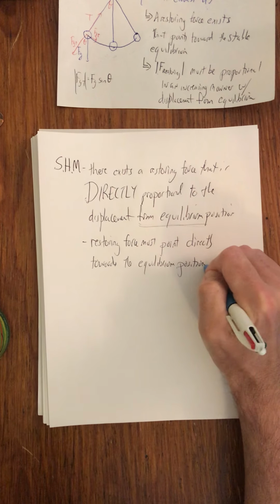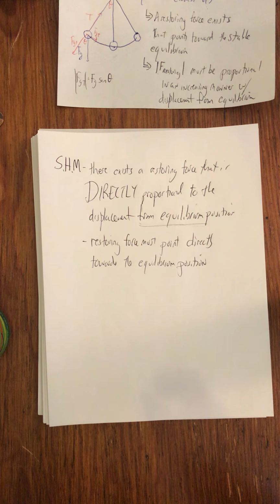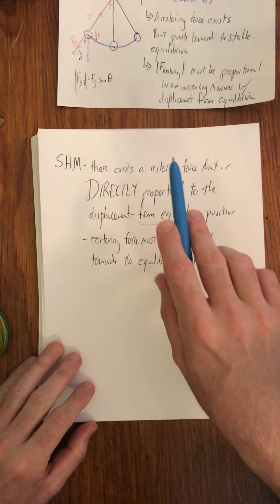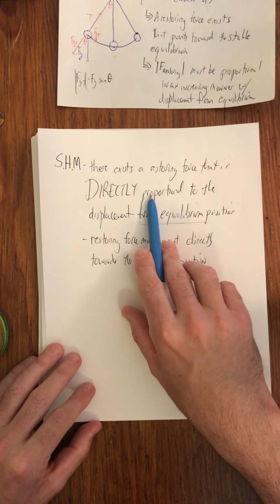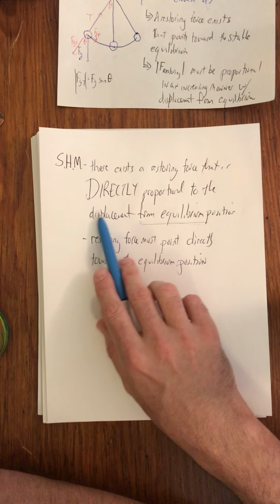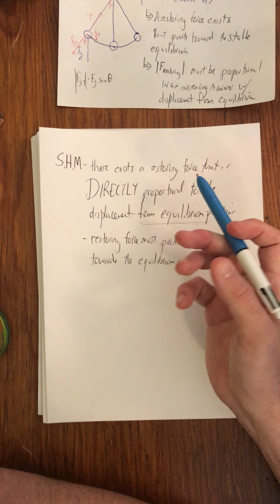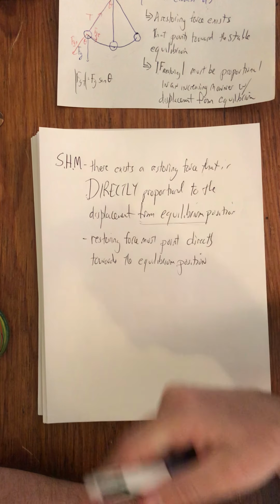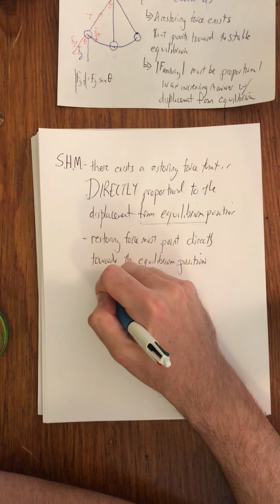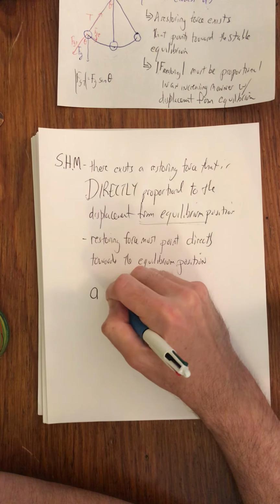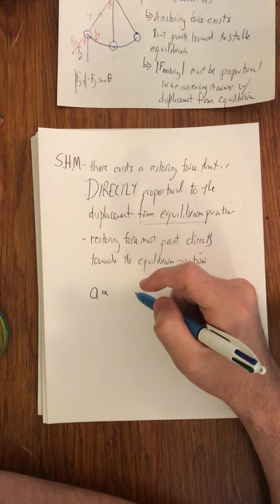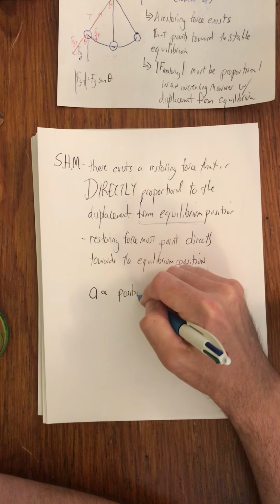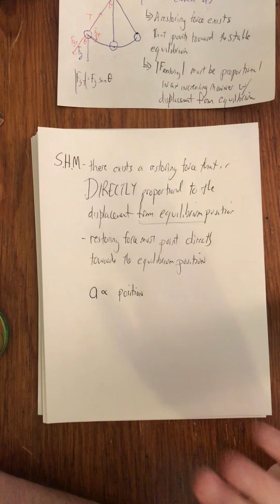So that has a couple of implications. If the restoring force has to be directly proportional to the displacement from equilibrium, that means the acceleration must be directly proportional to that displacement as well, since the acceleration is just going to be the restoring force divided by the mass, and the mass is just what it is. So in simple harmonic motion, the acceleration has to be directly proportional to the position from equilibrium. Now I'm going to keep this in vague terms here because there are lots of different position variables.